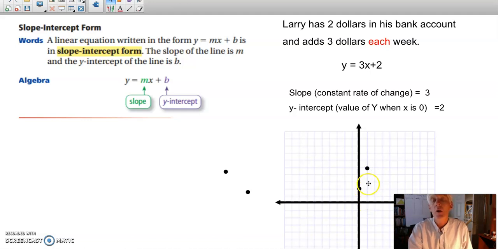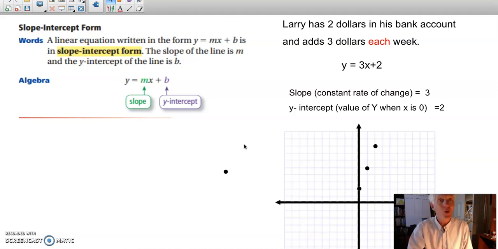The slope is 3, so after 1 week, I have $5. I make another point from here. I go over 1, I go up 3 more, and I have $8 after 2 weeks. That's an example of graphing an equation from slope-intercept form, knowing the slope and the y-intercept.